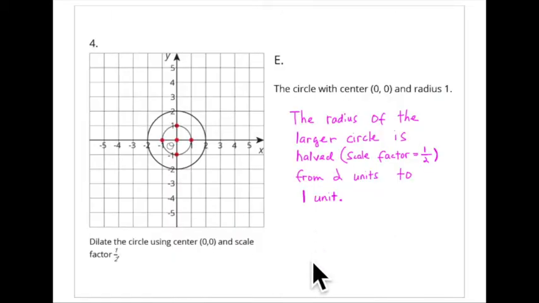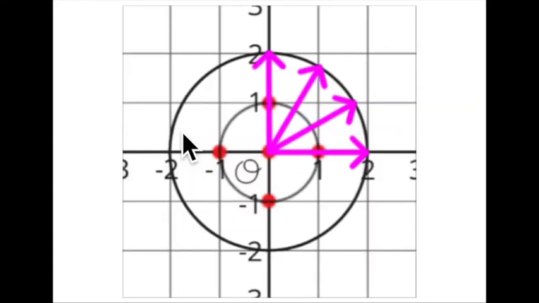All right, and the second circle says dilate the circle using center of dilation of 0, 0 and a scale factor of 1/2. So the radius of the larger circle is halved. So scale factor of 1/2 from 2 units to 1 unit. So it starts out at 2 units and it's scaled down by a half of the 2 units, which is 1 unit.